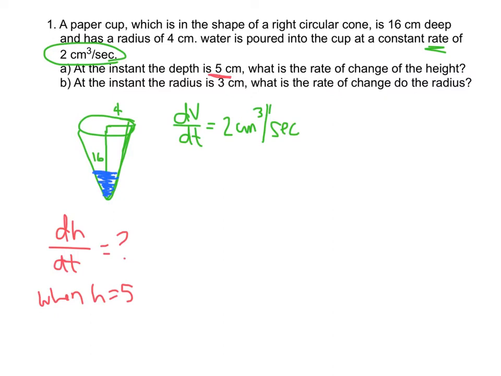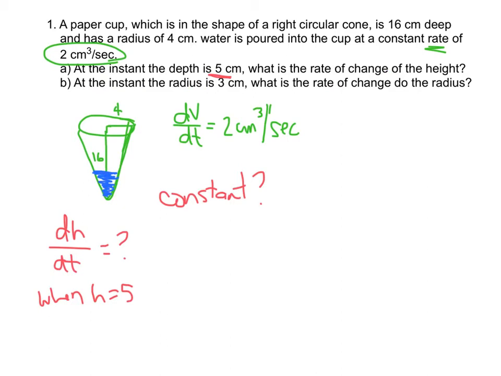Now, one thing that we've been asking ourselves a lot in the last couple videos is, is there a constant? Do I have anything that is constant? Well, if you look at these problems with the cones, generally there is none. And so let me talk about why that is. If you look at the water right now, clearly the height is changing as we are pouring more water in.